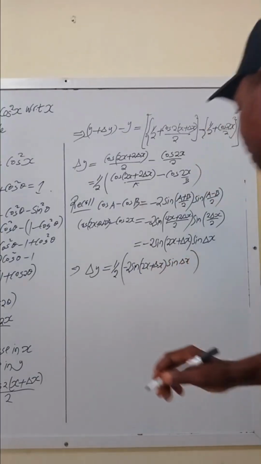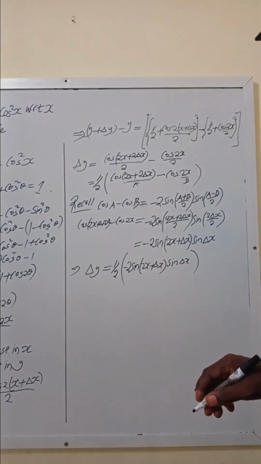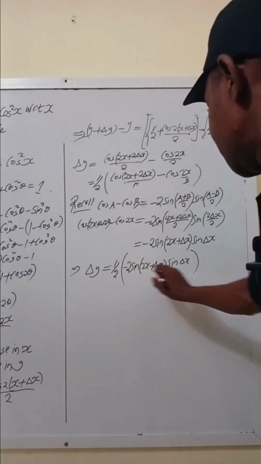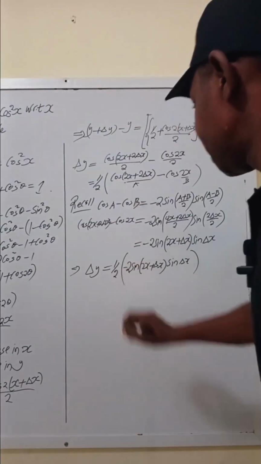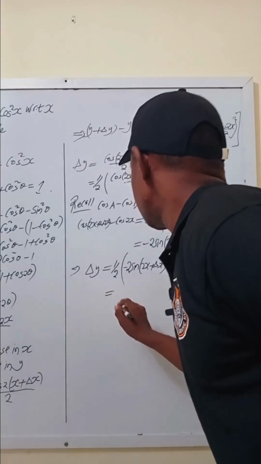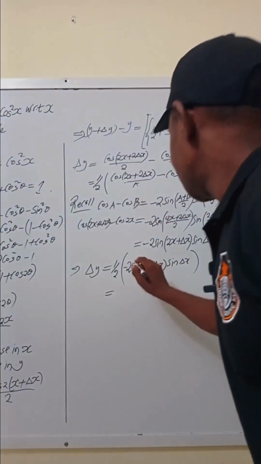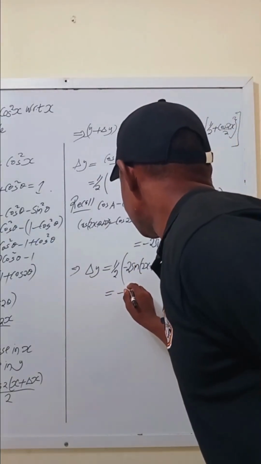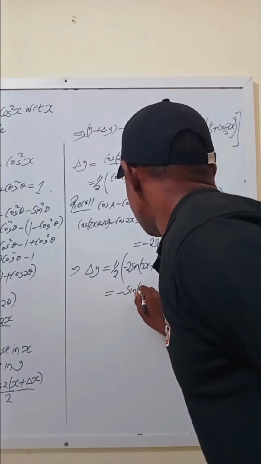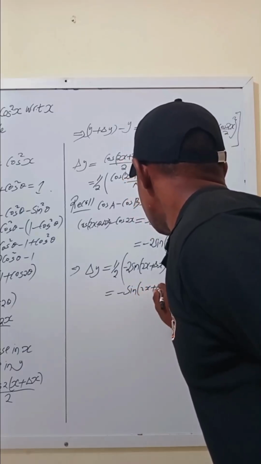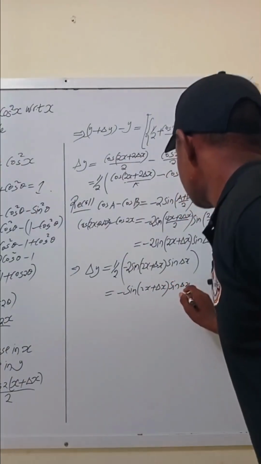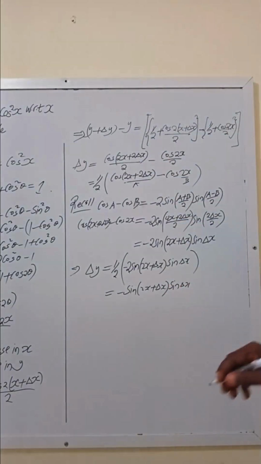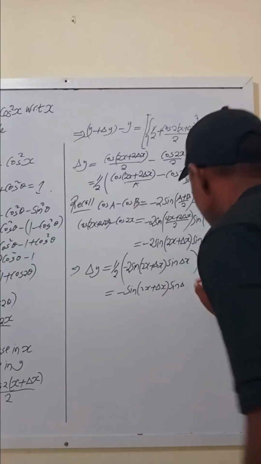What is next now? Since this is multiplication, a half times negative 2 gives us negative. This will become negative sine 2x plus delta x, then sine delta x.